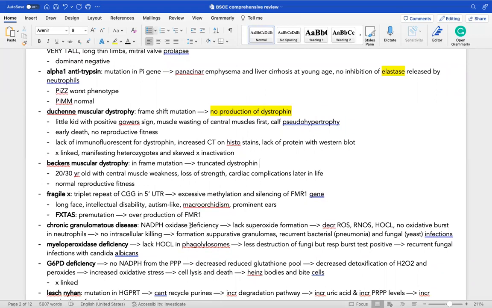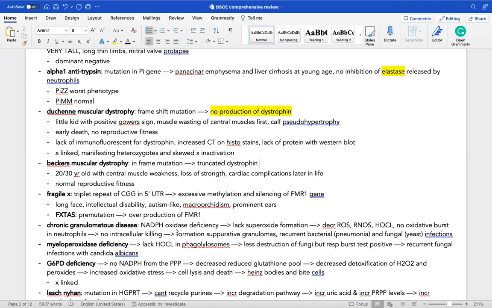Chronic granulomatous disease is super important. It's an NADPH oxidase deficiency. Neutrophils and macrophages, as you know, in order to kill and eat up bacteria, need to produce ROS and bleach. So in chronic granulomatous disease, they lack the NADPH oxidase enzyme needed to produce the ROS and the bleach, and to do the oxidative burst and kill the bacteria.